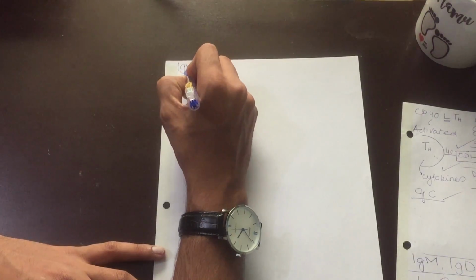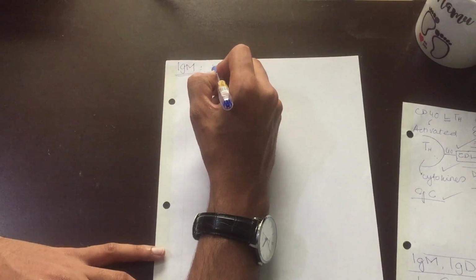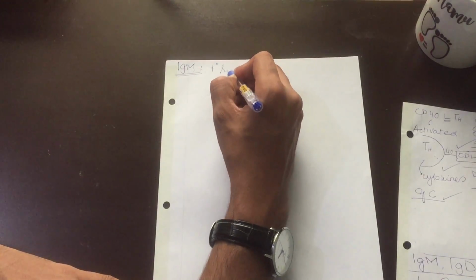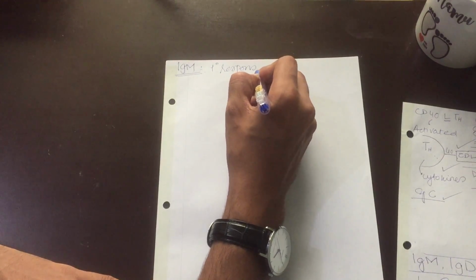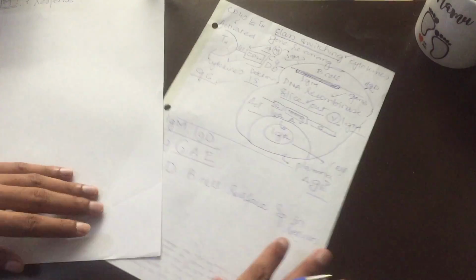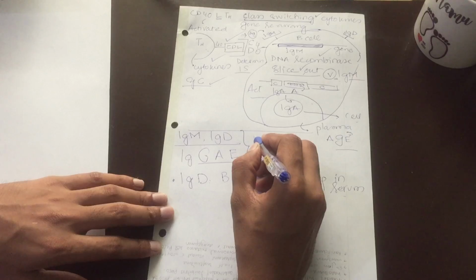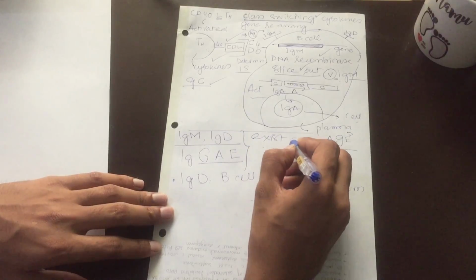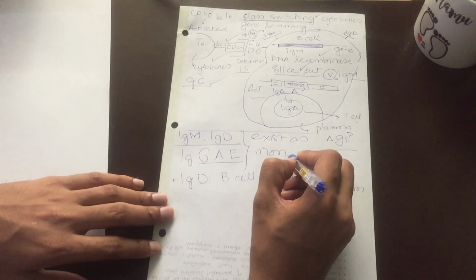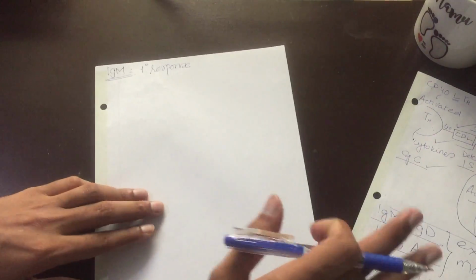The first one, IgM, which happens in the acute response, the primary immune response of our body. We have a rule for all the immunoglobulins: they all exist as monomers, with some exceptions, and we will discuss those categories.